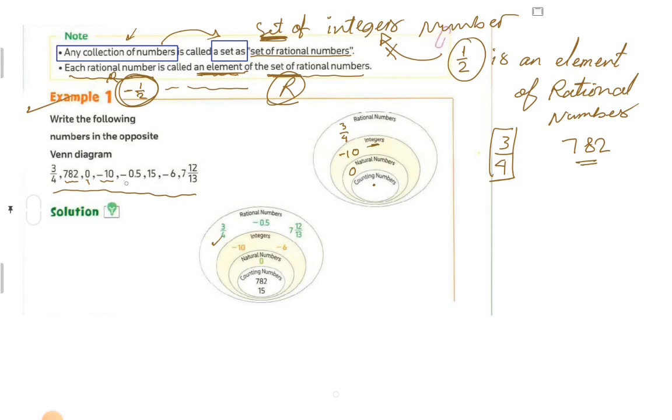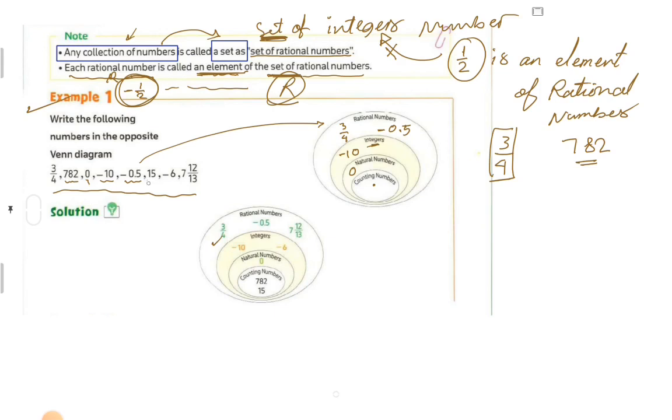Negative 0.5. Negative, I start with integer, but a decimal is not included in the integers. A decimal is included in the rational numbers. So negative half, or negative 0.5, write it in the rational number space.